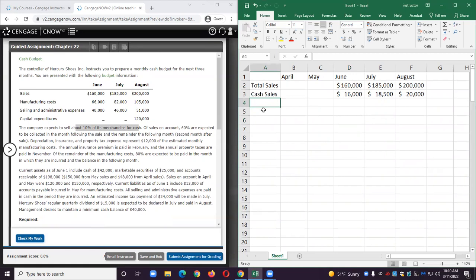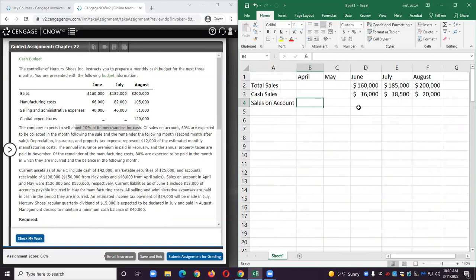If I know my total sales and my cash sales, then I can figure out my sales on account, which would just be my total sales minus my cash sales.